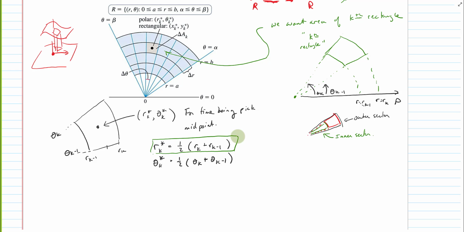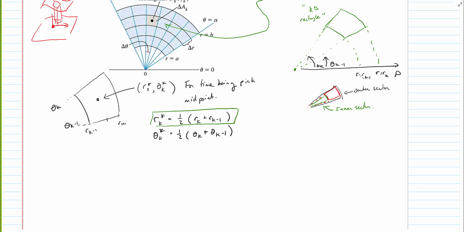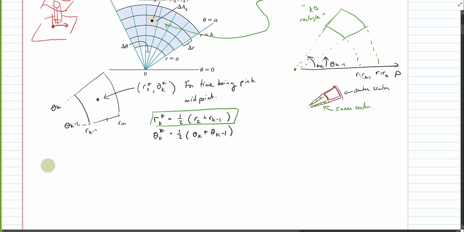Once we've got that, the net volume is approximated by the sum from k equals 1 to n of f of r k star, theta k star, times our dA. This part should look very familiar at this point.